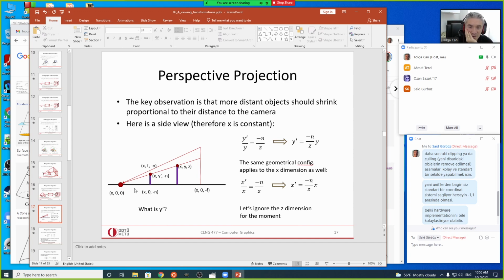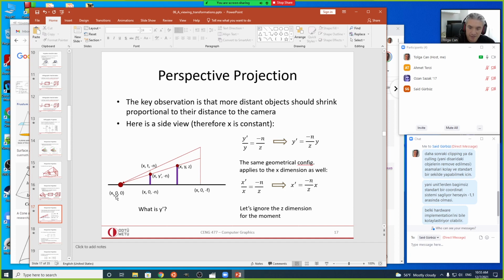And here we are looking at our image window from the side. This is the side view, so we are not interested in the x-coordinates yet. We're just trying to figure out the height value. We are looking at a particular slice of x here, so all of them have the same x-coordinates. We are looking from the side.